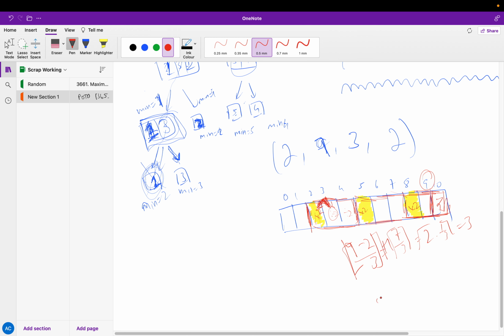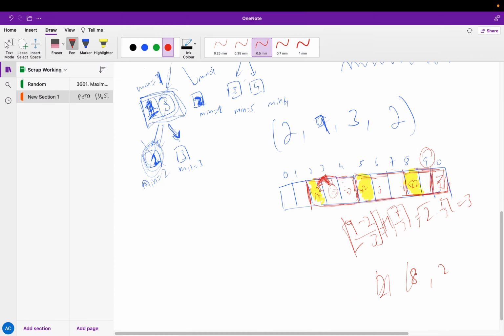Because what if you have like 2 up to 8 with an increment of 2? 1, 2, 3, 4. Oh wait, so it's just 2, 4, 6, 8. So it is just 8 divided by 2, just like that. So maybe it is ceiling of that.